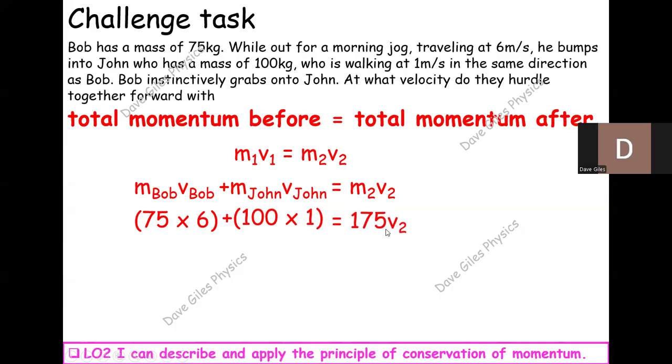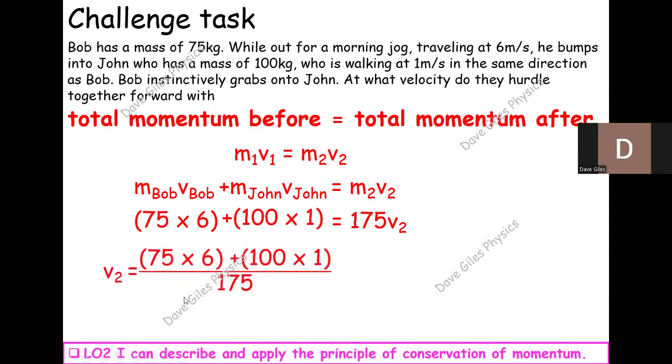Now, it's 175 because Bob has grabbed onto John, and they're together now, so they're classed as one mass. So I rearrange this, and I get v2 is 75 times 6 plus 100 times 1, over 175. Stick my numbers in the calculator, and I get 3.14 meters per second.